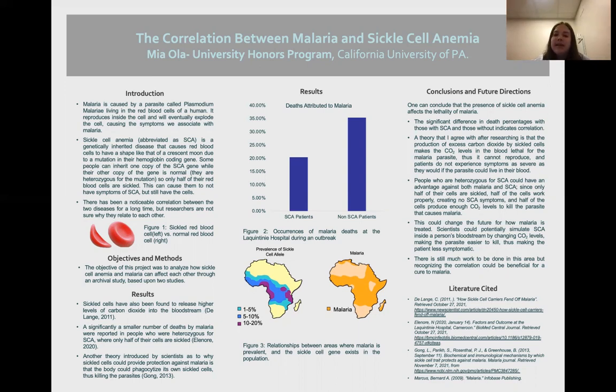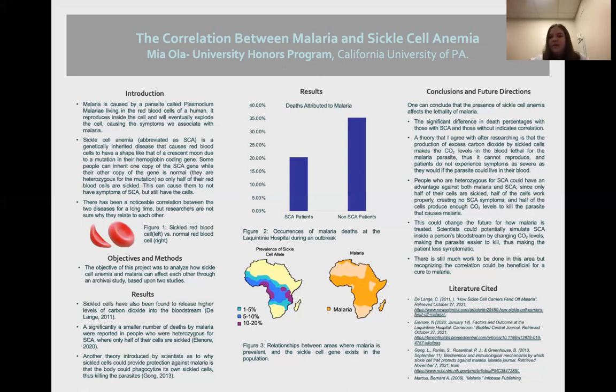So one study was analyzed at the La Quinta Hospital between the years of 2015 and 2018. What they found was that there was a malaria outbreak, and patients that had sickle cell anemia had a 15% lower death rate than those that did not have sickle cell anemia.